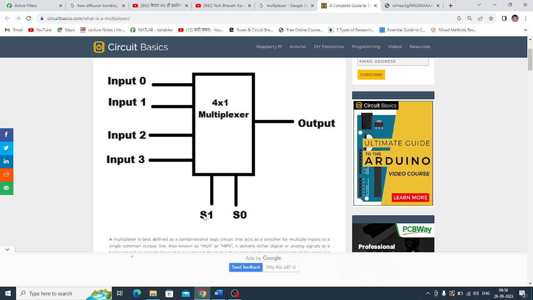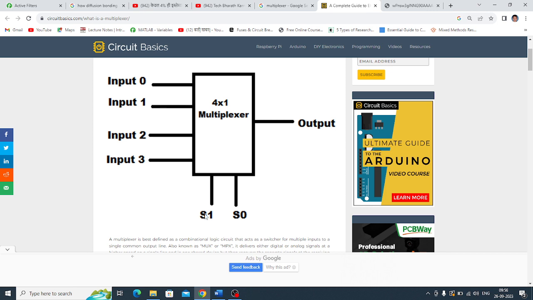When S1 and S0 are 0, 0, input 0 will be selected. When S1 and S0 are 0, 1, input 1 will be selected. Means when it is 0, 0, input 0 will come to output.